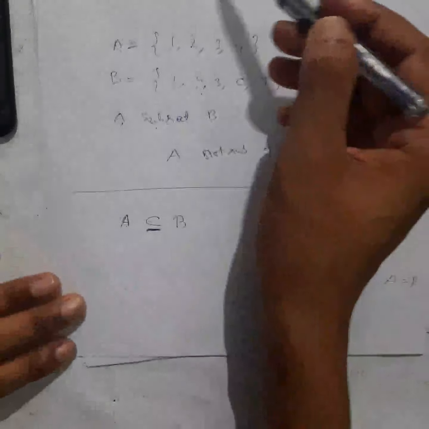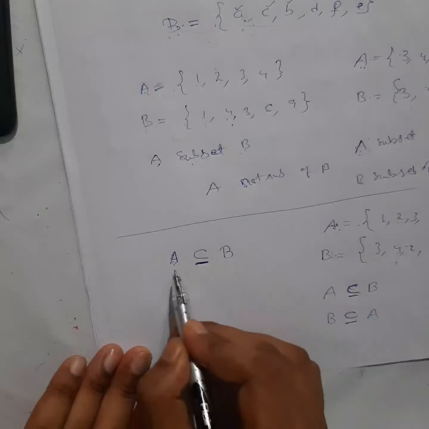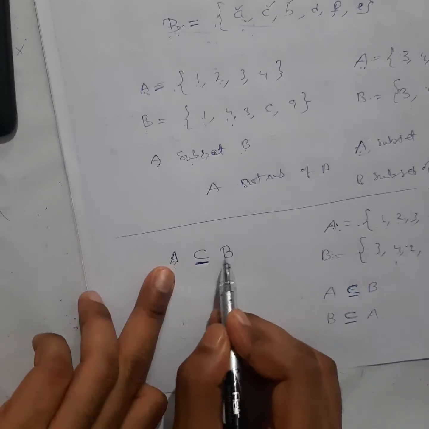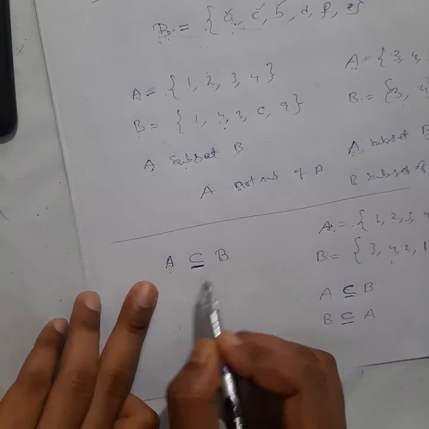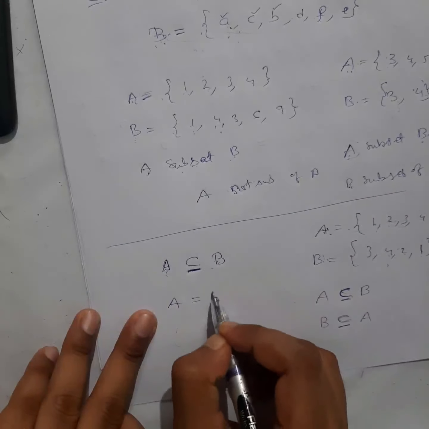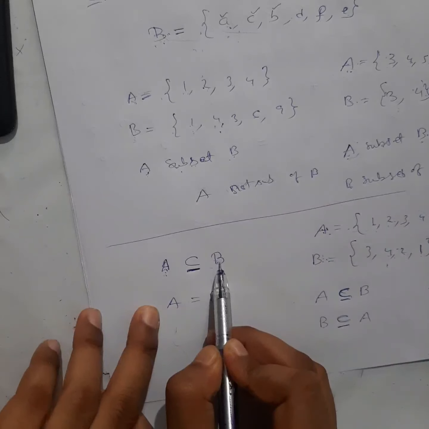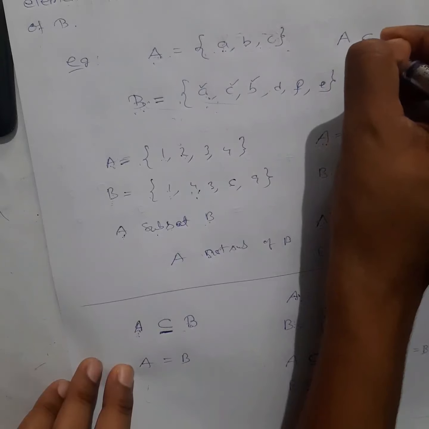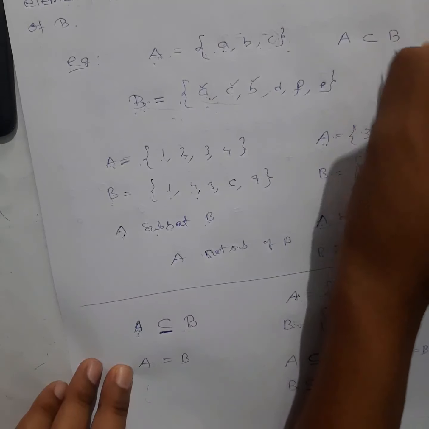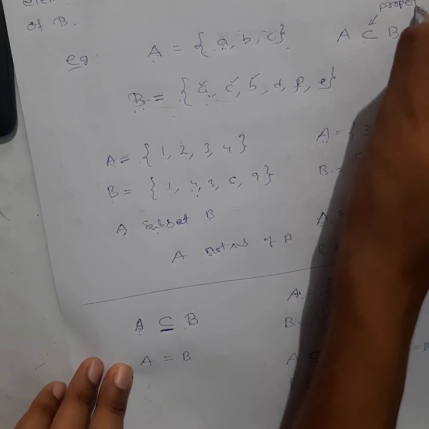So when we discuss subsets, we don't know whether it will have fewer elements or be equal to this set. If you are sure that they are equal, you can use this symbol. And if you are sure that this has fewer elements, in this case I can write A is a subset of B. This is called a proper subset.